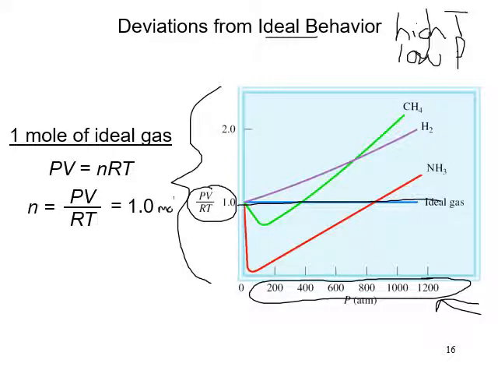If it deviates from ideal behavior at all, you'll see a difference. Under high pressure, this red line right here is NH3. You put this guy under high pressure, immediately they stick together, and it actually looks like there's less there than 1 mole as far as calculations are concerned.